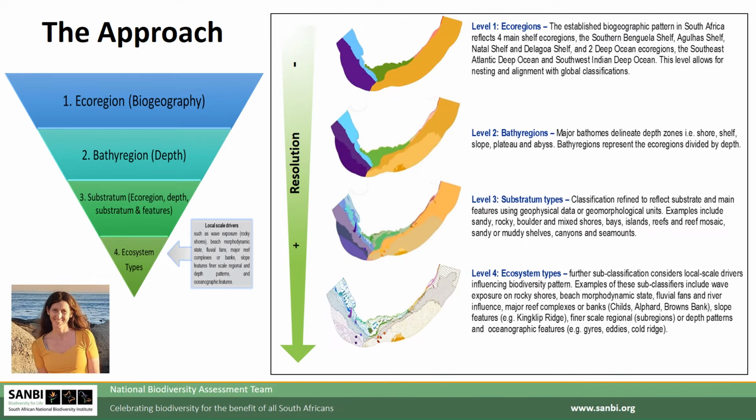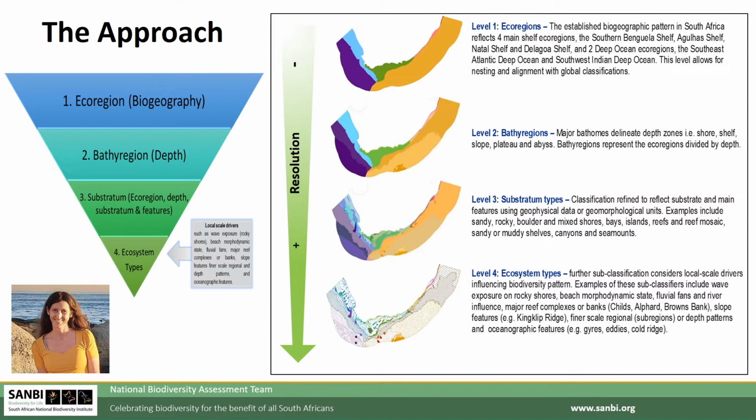In terms of our overall classification approach, we have a hierarchical classification approach, and we are increasingly trying to align with the IUCN Global Ecosystem Typology. But basically, at the broadest level, we have the ecoregions and then the key depth cuts across the shore, the shelf, and the slope into the abyss.